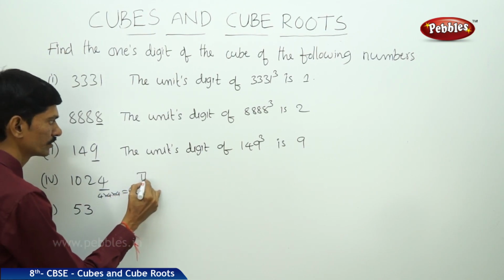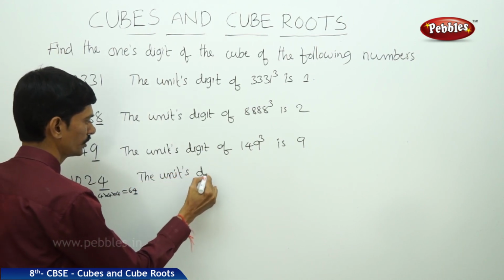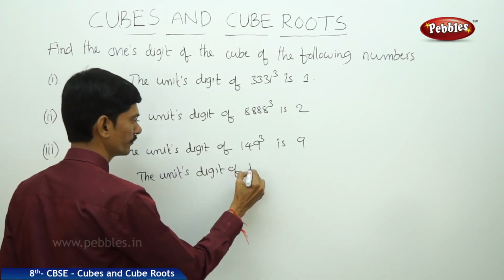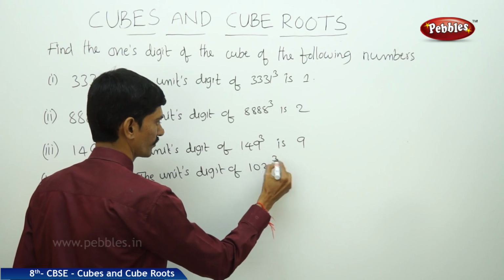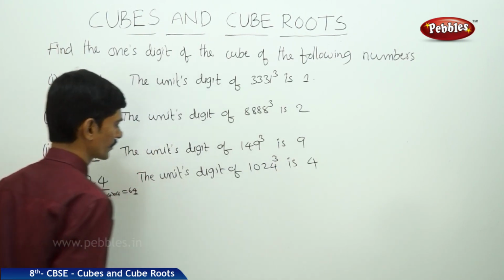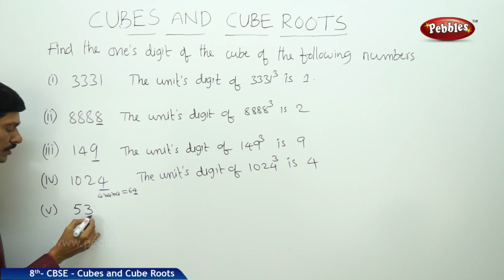So the units digit of 1024 cube is also 4. Next, what is the units digit of 53 cube? First, what is the units digit of the given number? It is 3.